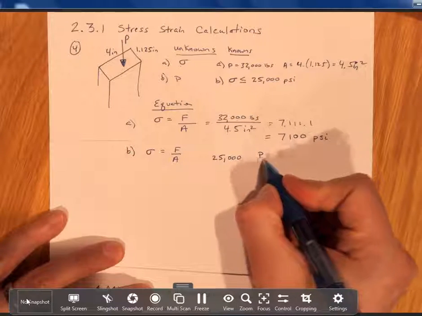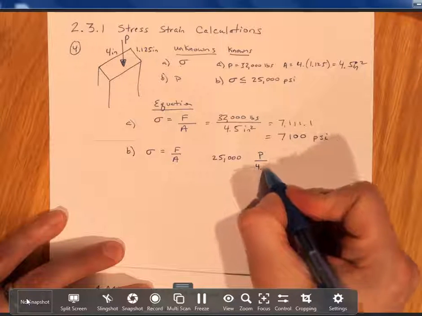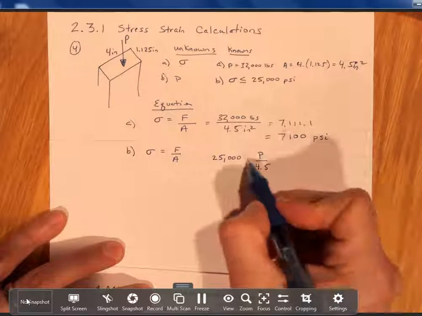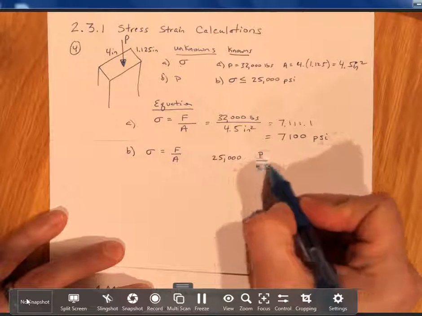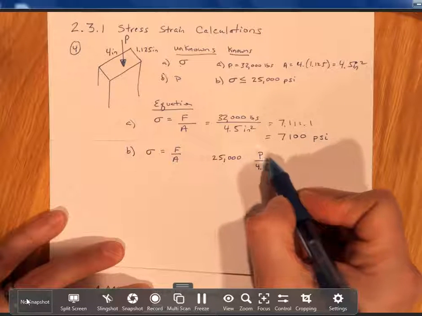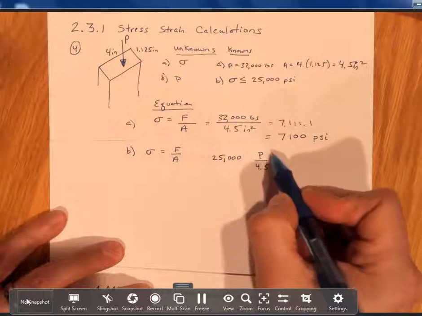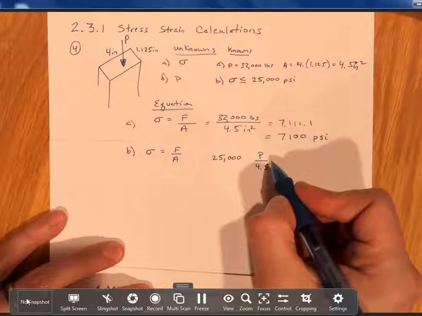They've called it P, so I'm going to do P over, again, still the same cross-sectional area of 4.5. Now, normally I put an equal sign here, and this is the expression that represents stress that we're solving for. Okay, and we want this right here to not exceed 25,000, right?